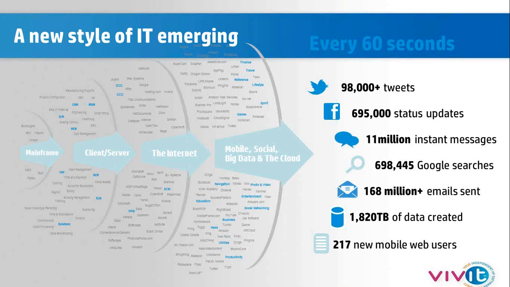These have been well researched, and before putting them into the presentation here, you may know that every 60 seconds there are over 100,000 tweets happening, and similar numbers are put up by Facebook, by the instant messaging solutions, by Google search, and so on and so forth.